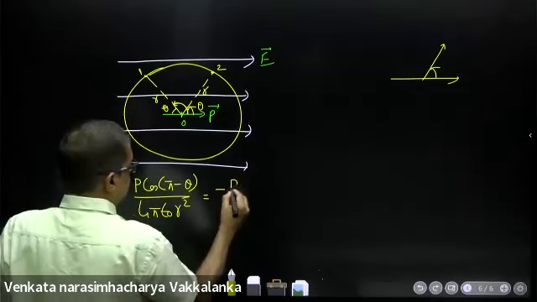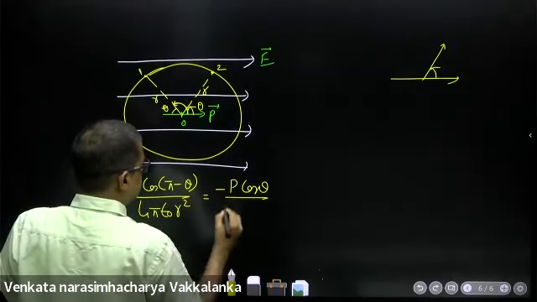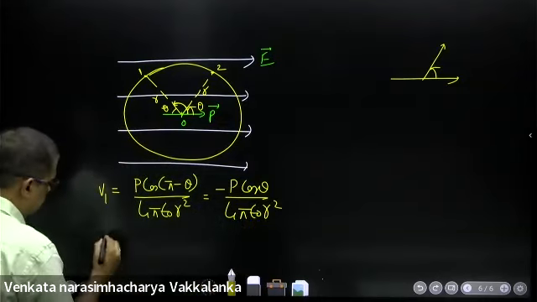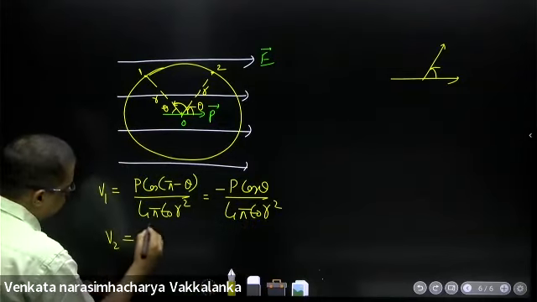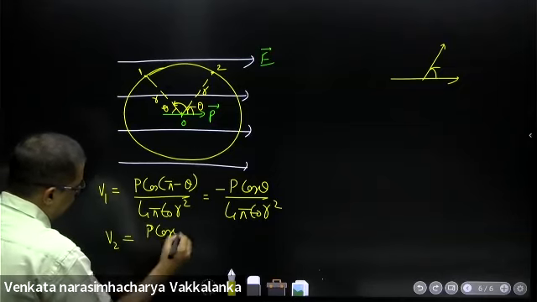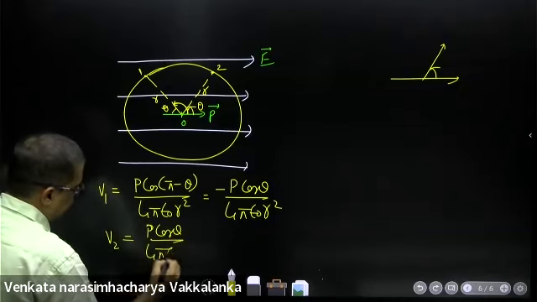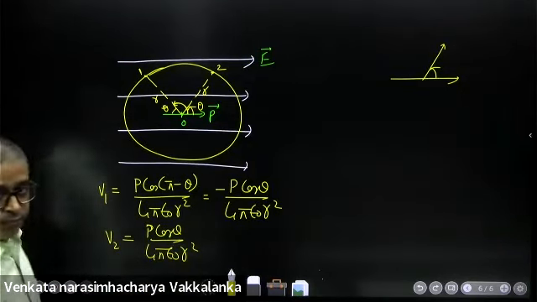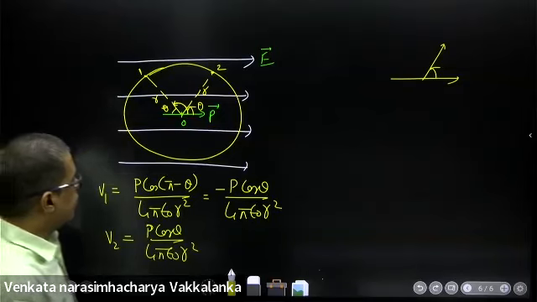This becomes minus P cos theta by 4 pi epsilon naught r square. What will be the potential at 2 due to the dipole? It will be P cos theta by 4 pi epsilon naught r square. Till here, are you clear? Yes, sir.